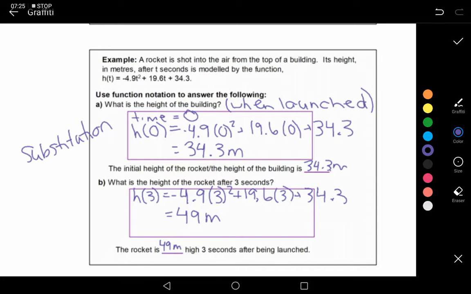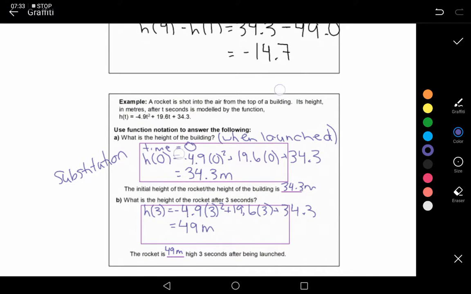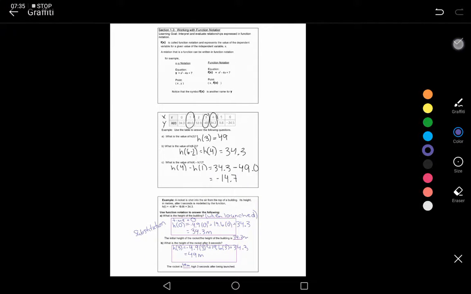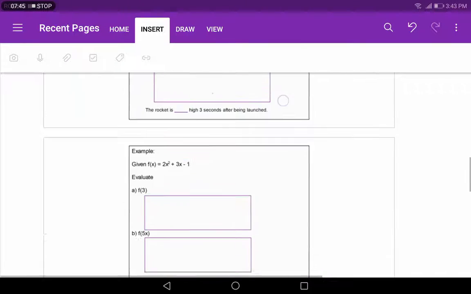Okay, so we launched the rocket. After 3 seconds, it's at that height of 49 meters. Again, that's simply just substitution. A couple more examples to look at, but this note is extremely short. We're already about halfway through.